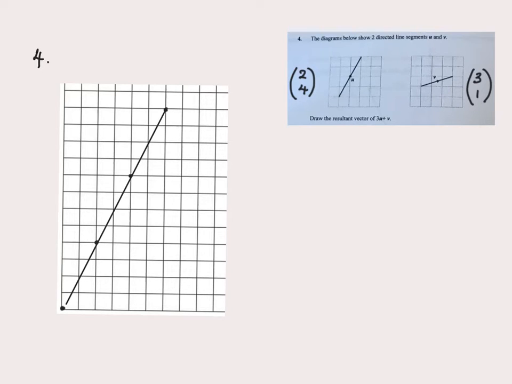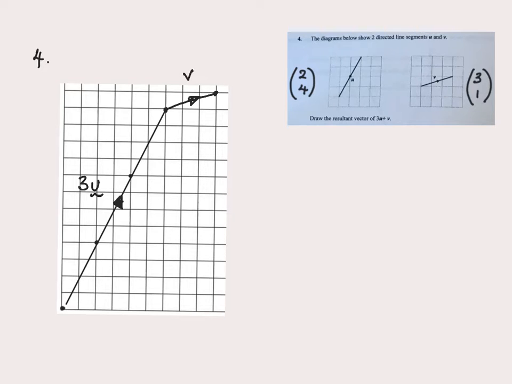That's our vector 3u, and we really need to have an arrow on the diagram to indicate direction. And then we want to add on a single v, so that's 3 along 1 up from this point here. 3 along 1 up takes us to this point, so I'm just going to draw that freehand, the arrow indicating direction.